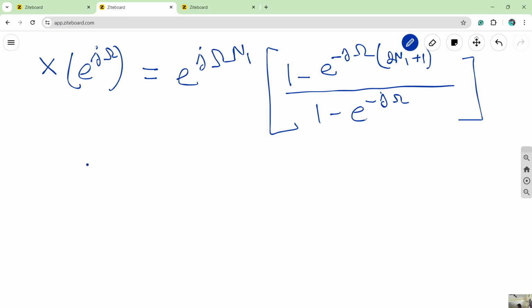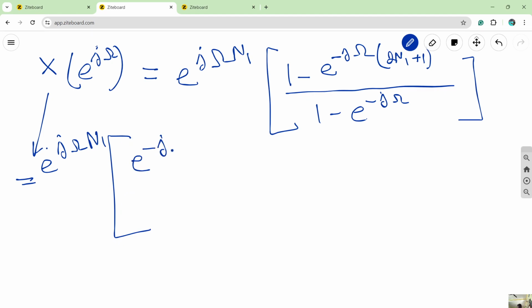So again, if we rearrange it, it is e to the power j omega n1 into this inside term, which we write as e to the power minus j omega.